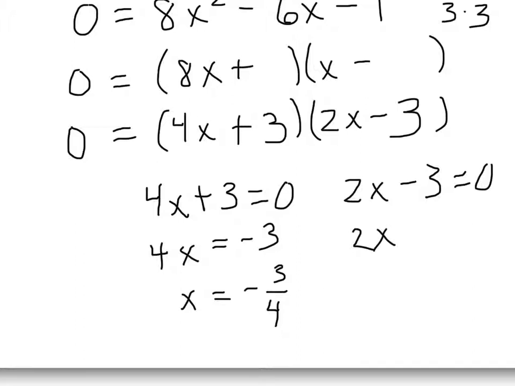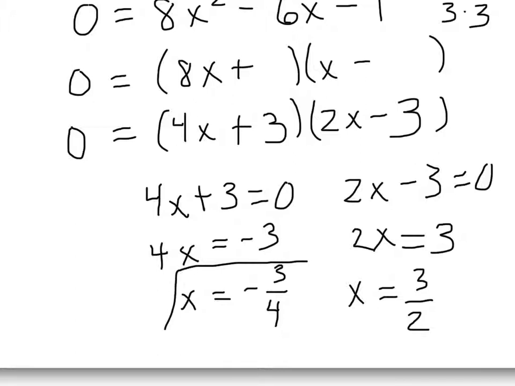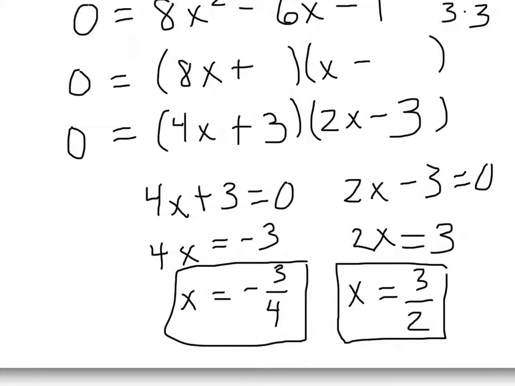Add 3 to both sides, divide by 2, and we have two solutions, negative 3/4, positive 3/2. So that's the end of the first part of 4.8. You'll have to go to the next video, 4.8b, to finish up 4.8.